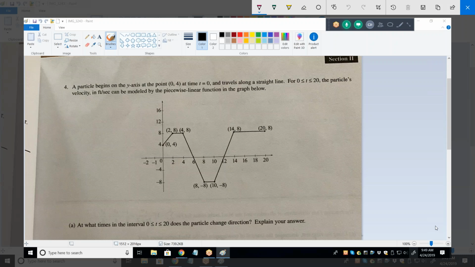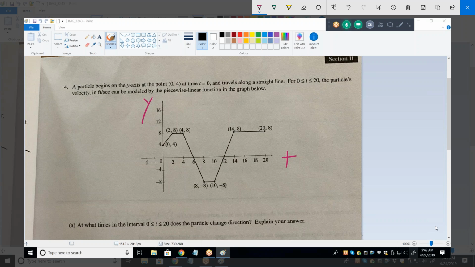I wish they would have labeled their axes. This clearly is t. It's always t. And if this is y, but what we're looking at here is its speed.